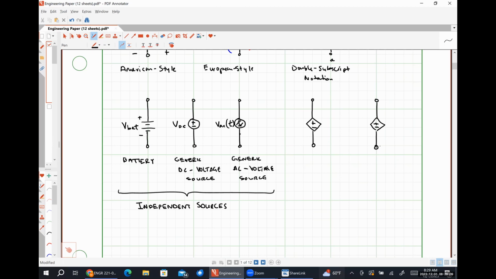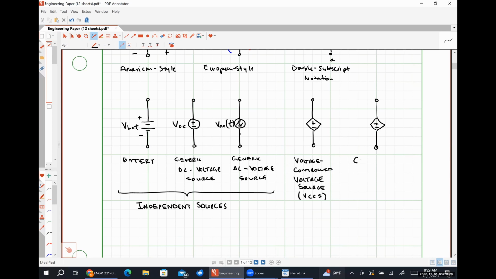So the one on the left, I'm going to say is going to be a voltage controlled voltage source. You may see this abbreviated as VCCS.